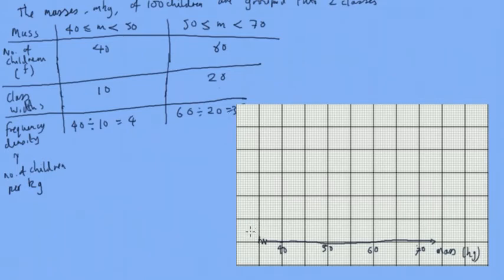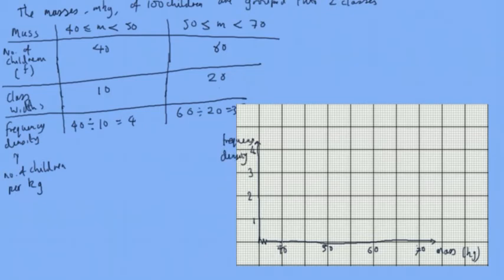So that's 3 and that's 4, so we'll do 1, 2, 3, 4. So that's frequency density.